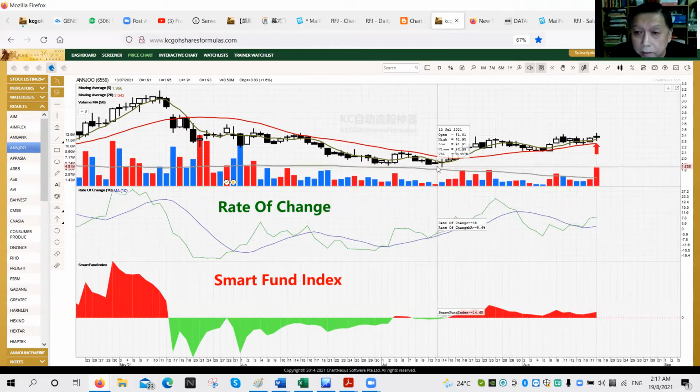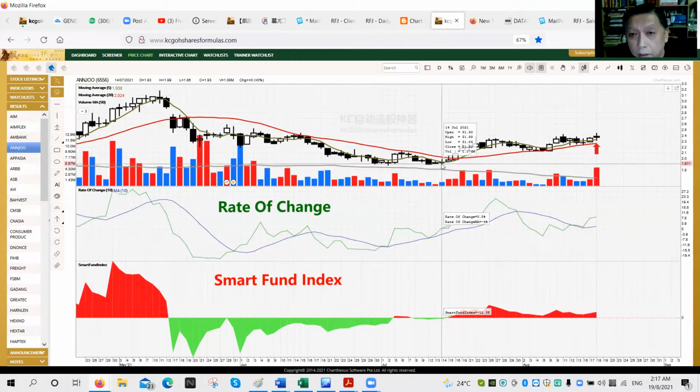That means there is a divergence. That denotes that it is the time to buy back. We see the divergence on July 13, so on the morning of July 14, we just buy back. We buy back at 192 again.